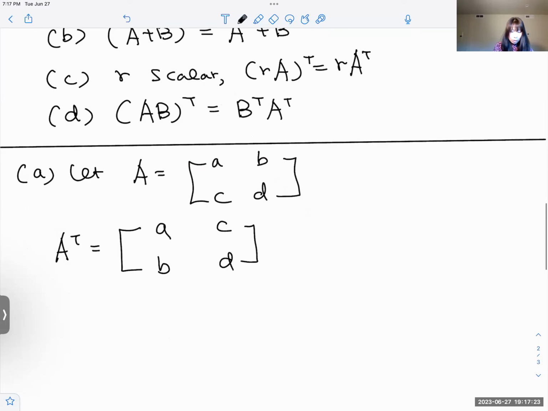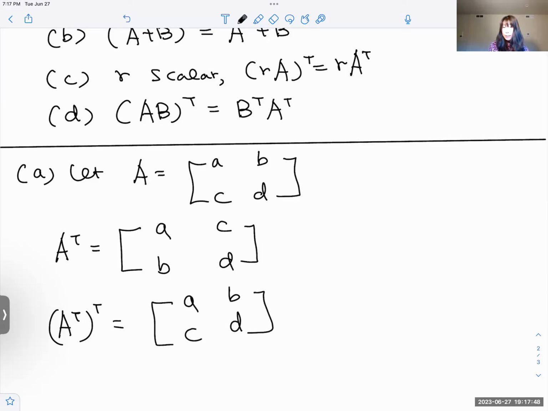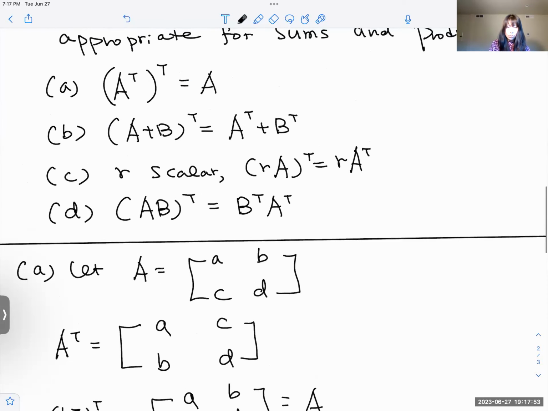Now we want to make the transpose of A transpose again, so row will be column again, so that is a, b, c, d. What is that? This is A, right? So we can show that this is that.